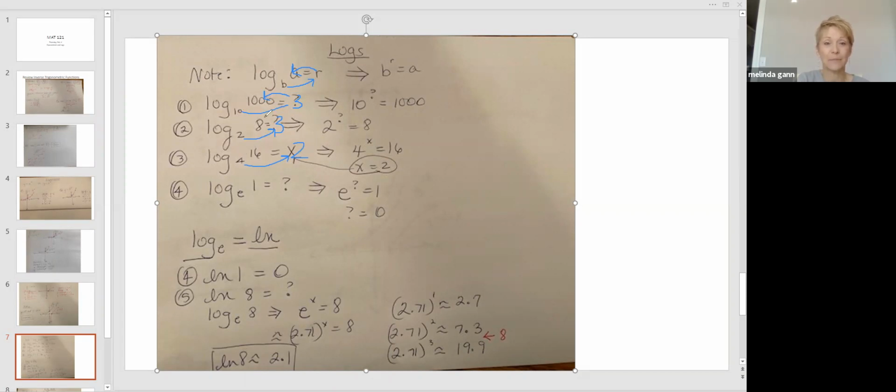Now, sometimes you don't get number answers. Like, think about it. What if I said log, okay, let's make that look a little more like an L, of base 10, all right, of like 40.